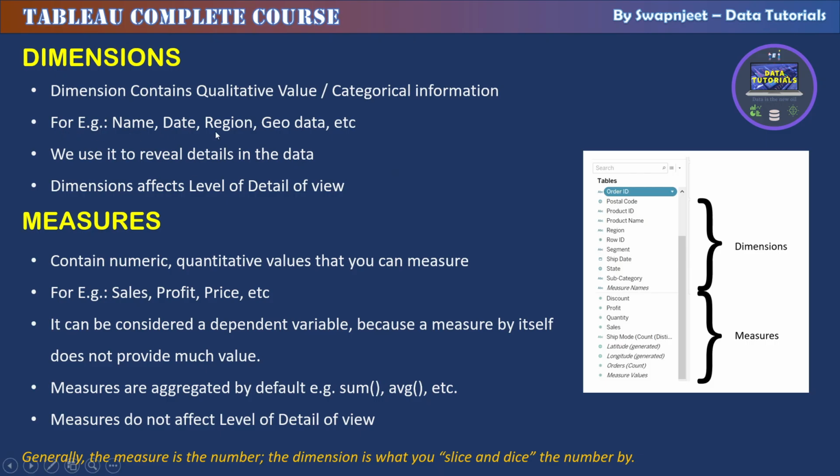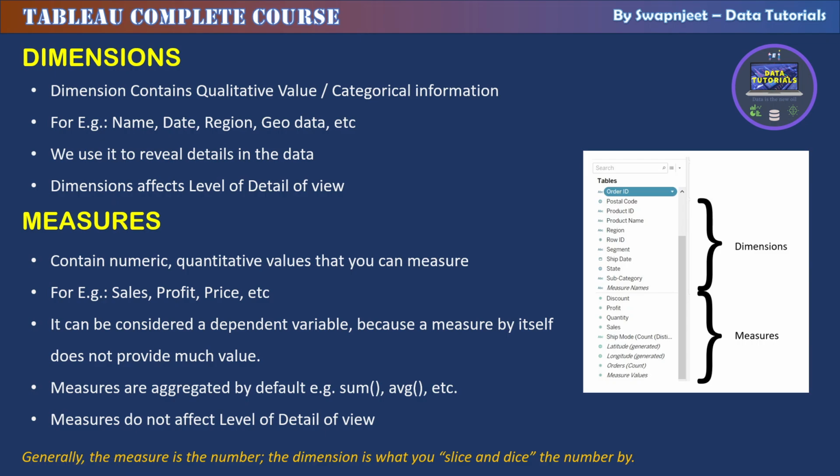For example, name, date, region. These fields are called dimensions and we use them to reveal the details in the data. It might be the furniture category or the technology category, and it affects the level of detail. I will explain this in some time, how it affects the level of detail. So this is about dimensions.